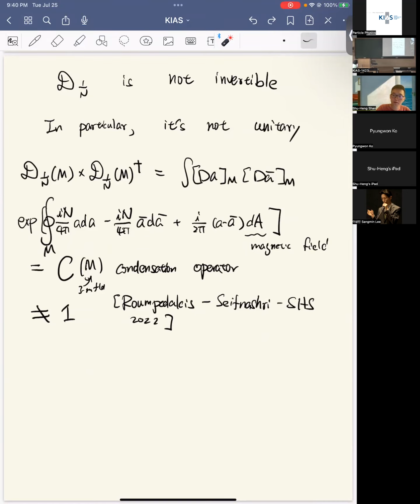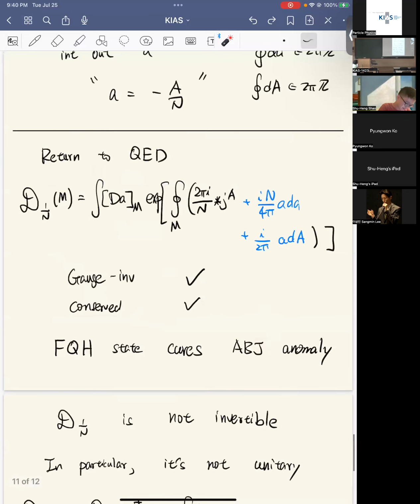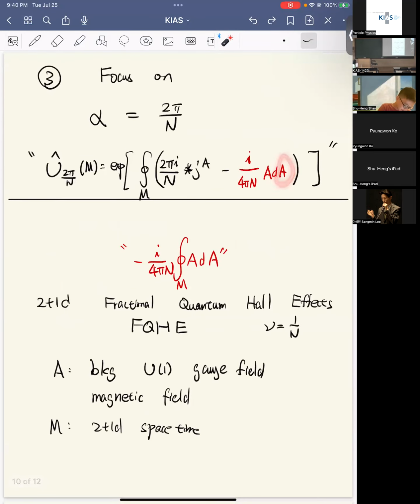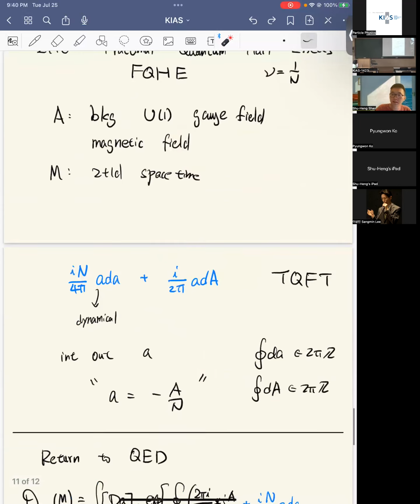Okay, so A is now dynamical. It's not a background. That's right. So that's why I drew a line between here and here. In the QED story, capital A is a dynamical gauge field that gives you the photon. It's the reason that we can see each other. But below the line, capital A is a background gauge field, responsible for the magnetic field in the fractional quantum Hall effect. Okay. Thanks. Of course.